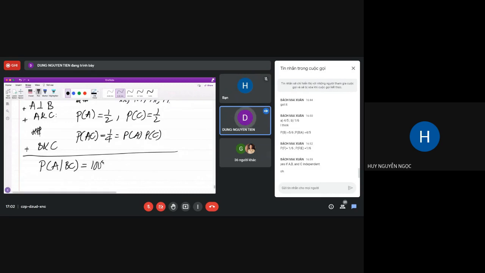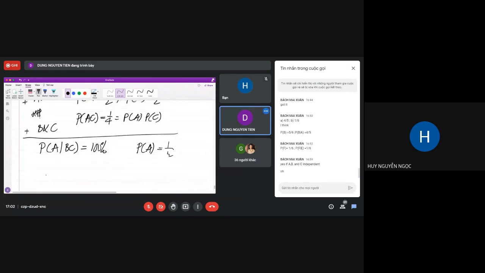On the other hand, the probability of A is only 1/2, right? So they are different. Make sense? It means that you cannot drop condition BC when you find the probability of A. Is that all clear to you?